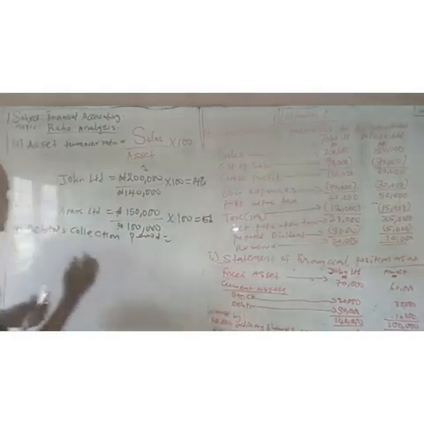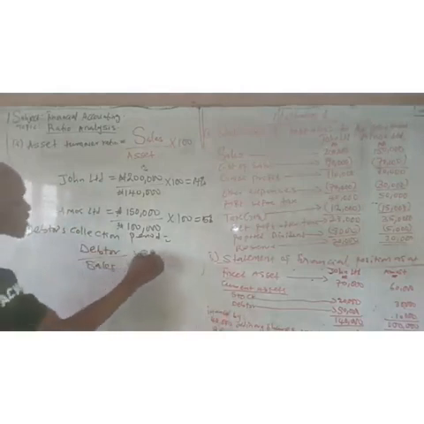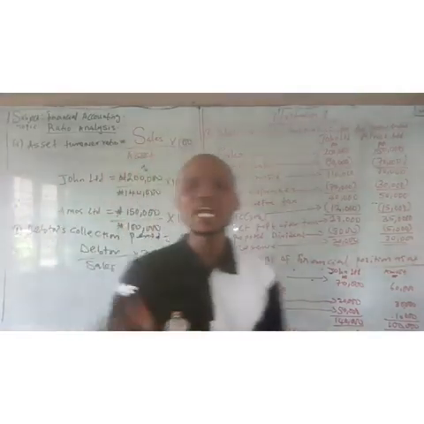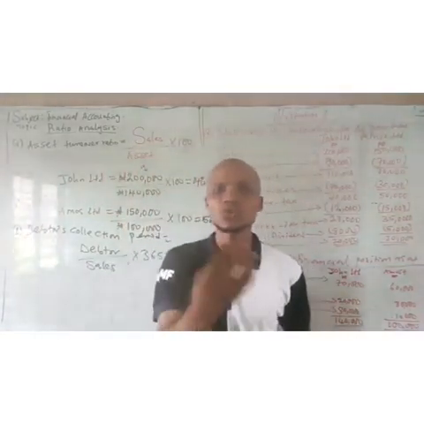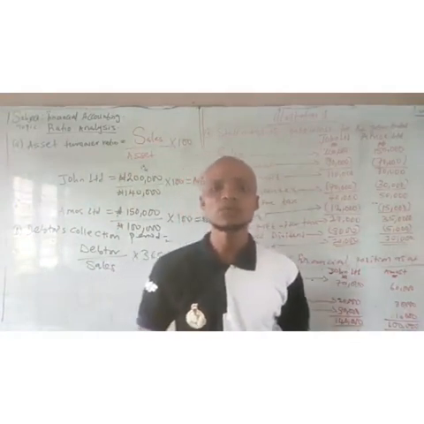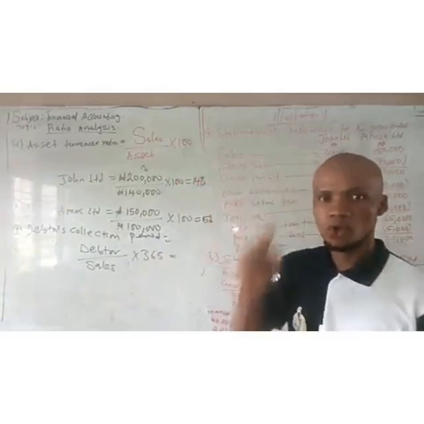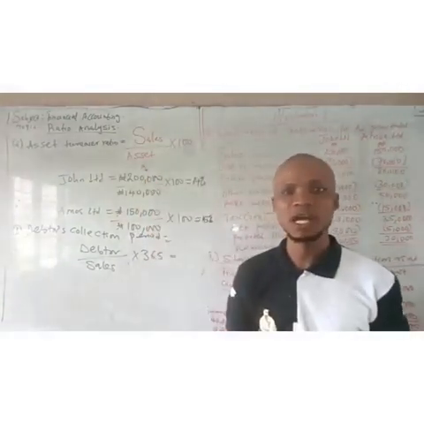The formula is debtors divided by sales, debtors all over sales, multiplied by 365 days. Now remember, the collection period is the length of time that it will take an organization to collect or to receive the amount due from the debtors. That's why we are using 365 days, because in an accounting year, we have 365 days.